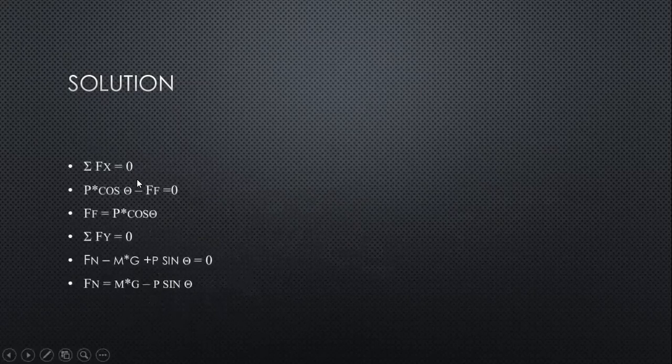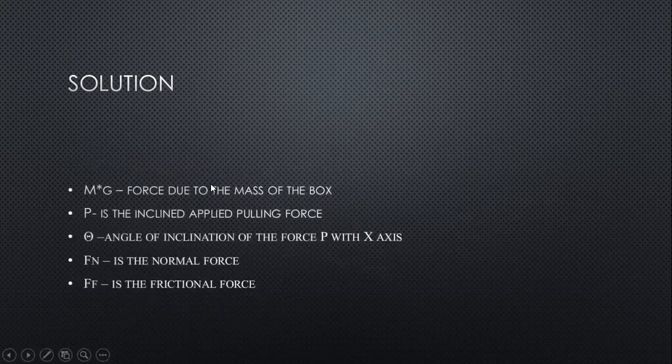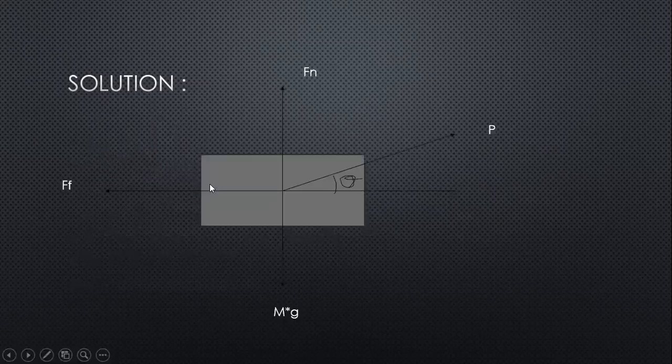Now resolving the forces in the x direction, summation of Fx is equal to 0. From the free body diagram, resolving the force towards the x direction, the applied load component is P cos theta minus Ff.